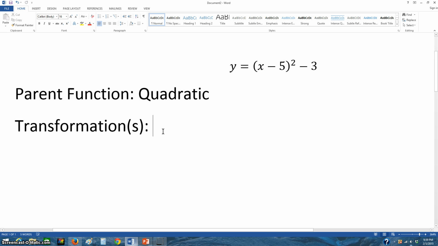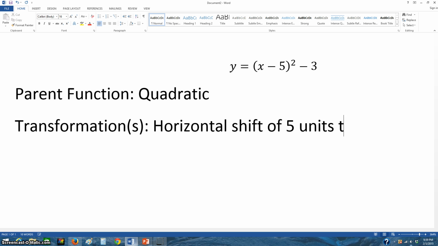This time we don't have a negative, so we're not reflecting, but we do have a minus 5 here, so that means we have a horizontal shift of 5 units to the right, because we have to think opposite.